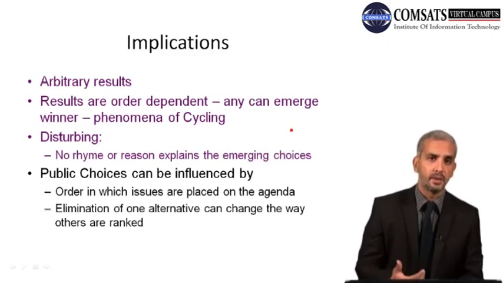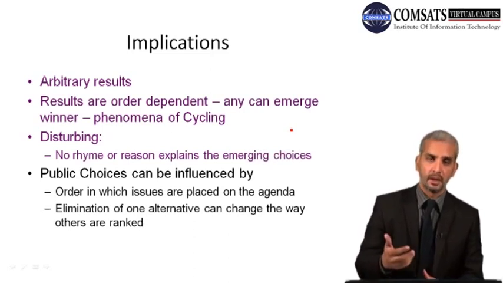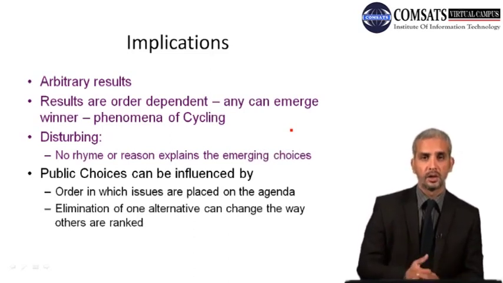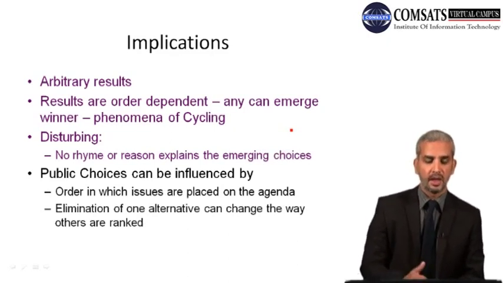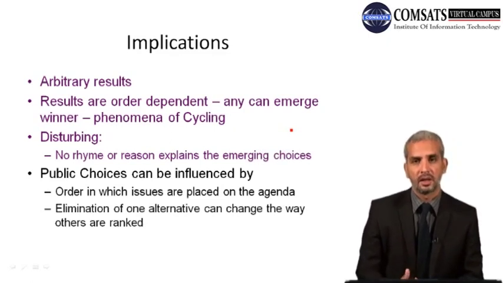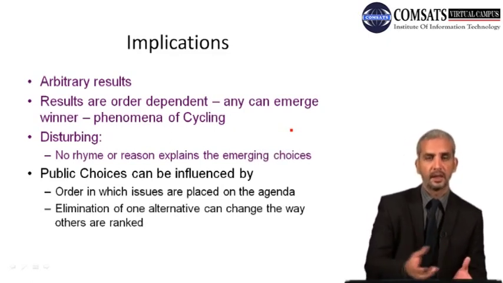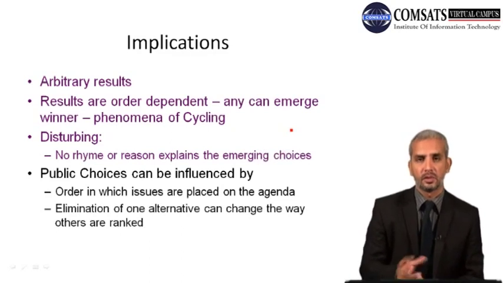And it was very disturbing. Why? Because our new view shows that public choices can be influenced by the order in which issues are placed on the agenda, and that elimination of one alternative can change the ranking of other alternatives.